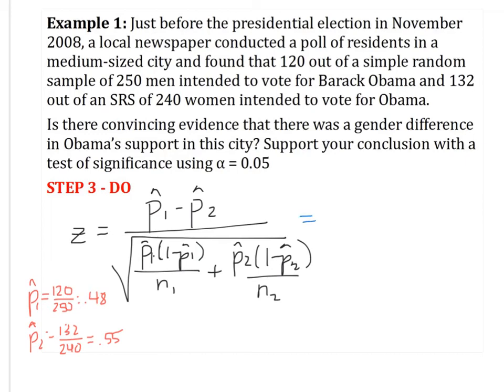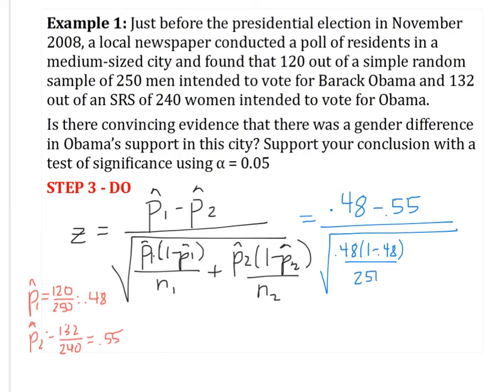When I plug this in, I'm going to get 0.48 minus 0.55 divided by the square root of 0.48 times 1 minus 0.48 over 250 plus 0.55 times 1 minus 0.55 out of 240.